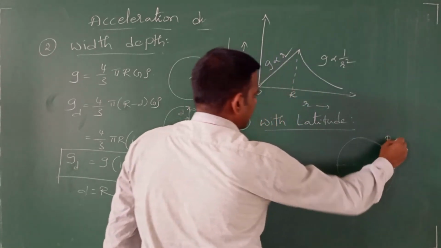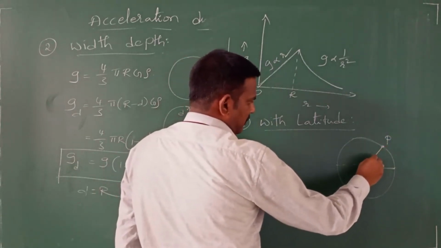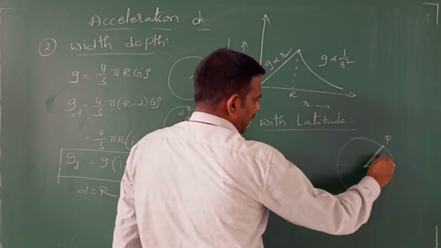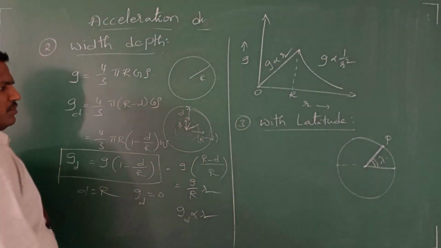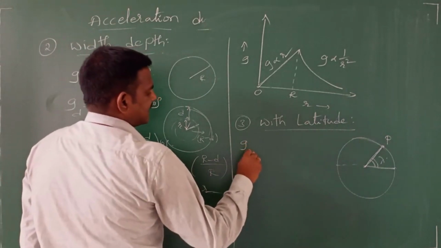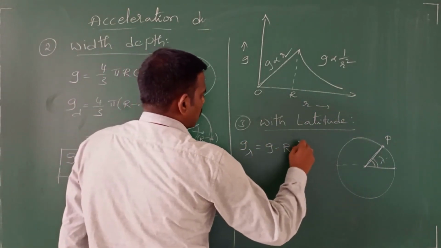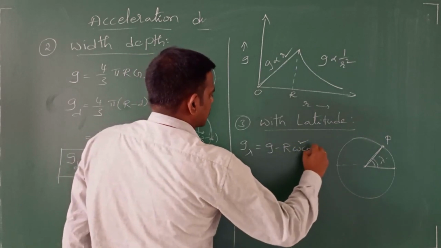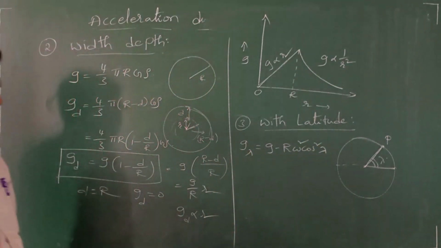Now this is any point on the earth surface. The line joining the center to the point P will make some angle here, let me call it lambda. That lambda is called the latitude. At any latitude, the acceleration due to gravity will be given by the formula g minus r omega square times cos square lambda, where lambda is nothing but latitude.